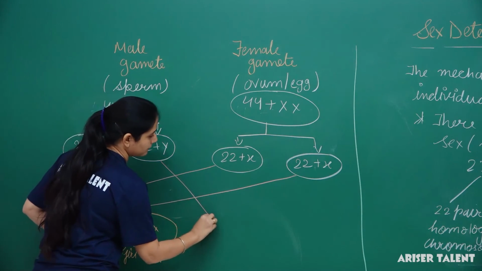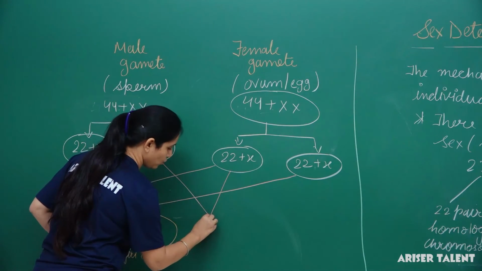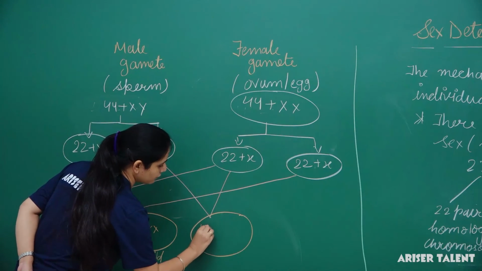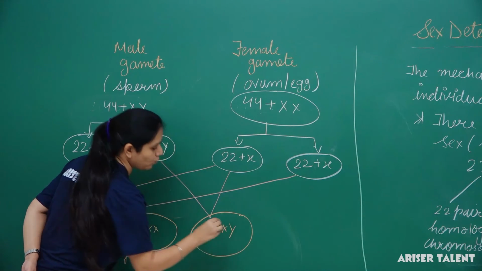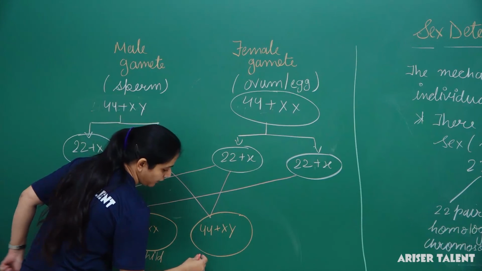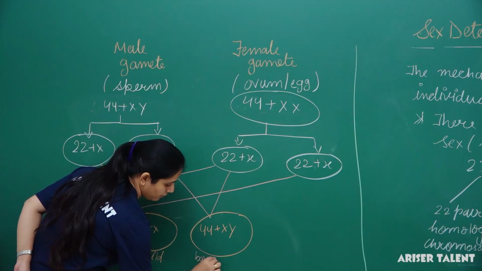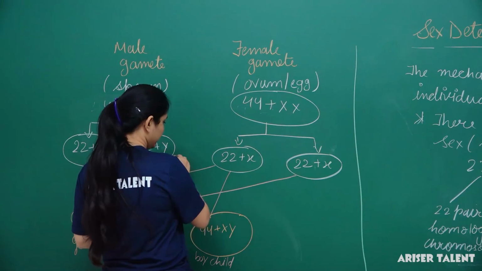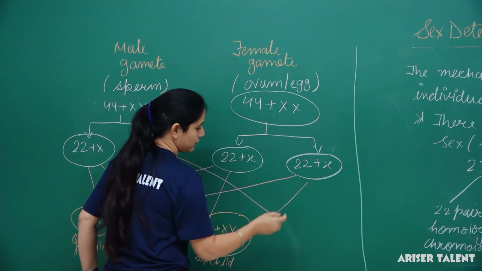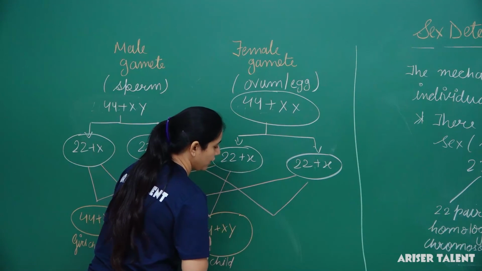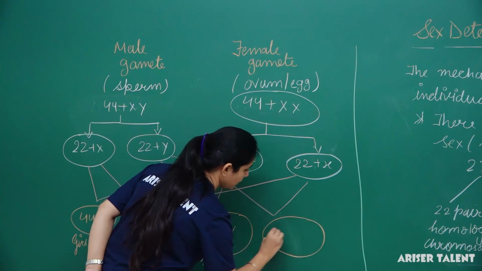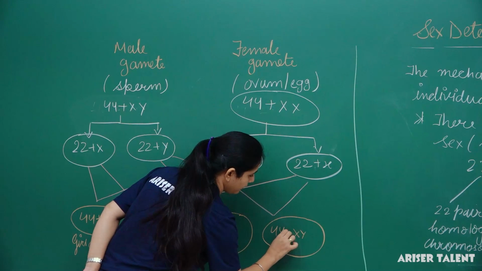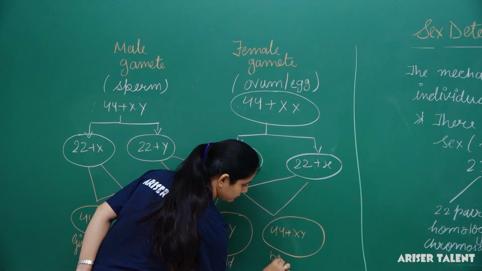When this sperm gets fused with this ova, it will form 44 plus XY, meaning boy child. And when this sperm gets fused with this ova, again it will form 44 plus XY, meaning boy child.